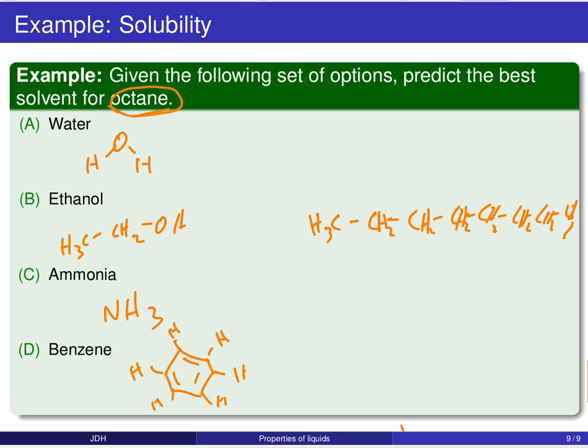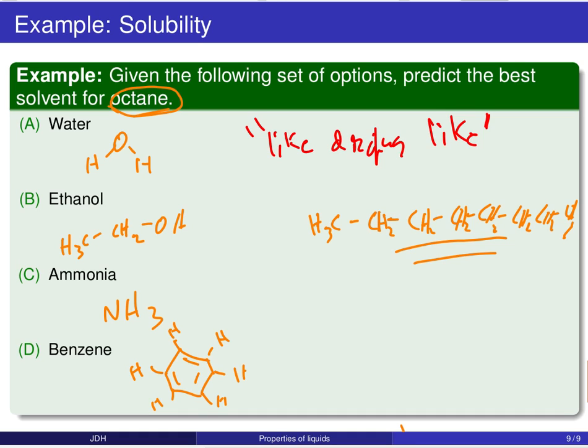All right. So basically, the game that we want to play here is we want to use this idea that like dissolves like. So we want to figure out which one of these compounds, A through D, is going to have the most similar intermolecular forces to this hydrocarbon octane.